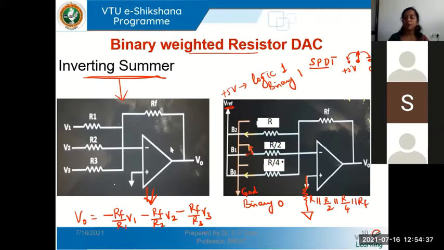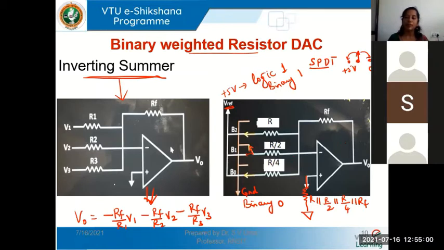So all these four resistors will appear in parallel between the inverting terminal and ground. So you can connect an equivalent resistance, which is equal to the parallel combination of these, from the non-inverting terminal to ground. That is to avoid minute errors due to bias currents and offset voltages.